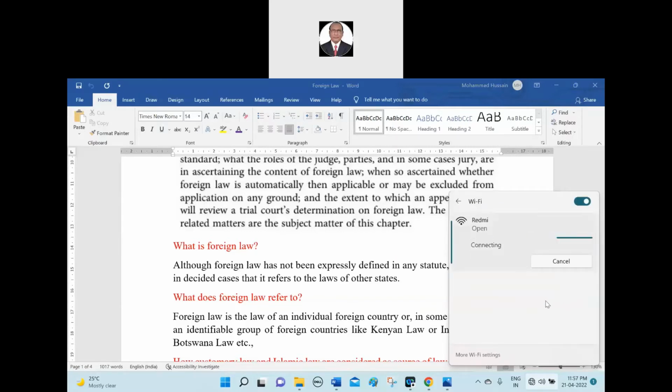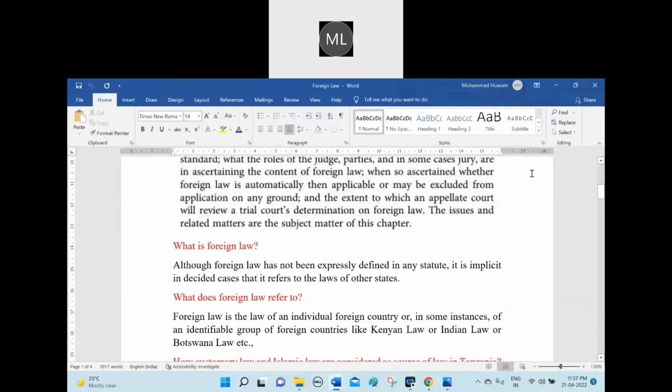Foreign law is the law of an individual foreign country, or in some instances of an identifiable group of foreign countries like Kenyan law or Indian law or Botswanan law, etc. So actually what foreign law means: a foreign law being expressly defined in any statute, it implies that in a decided case it refers to the law of other states.